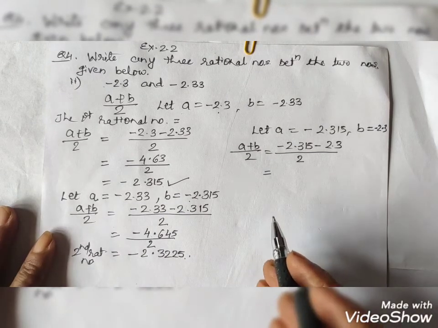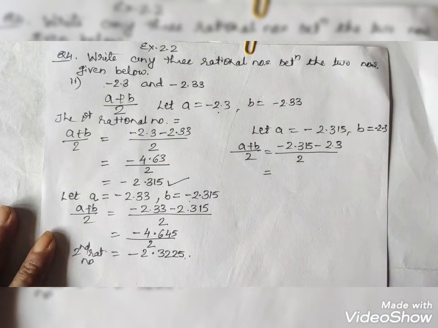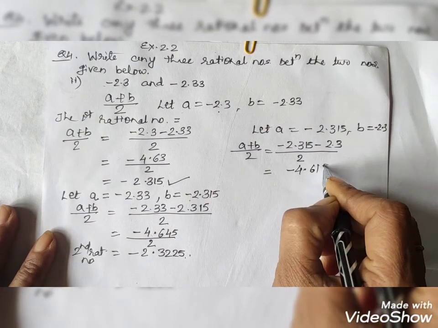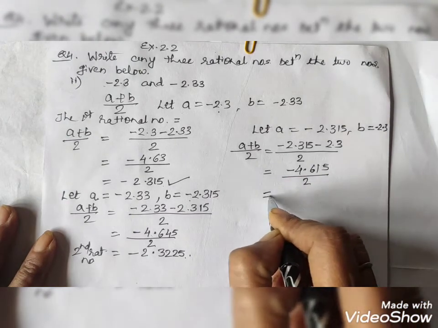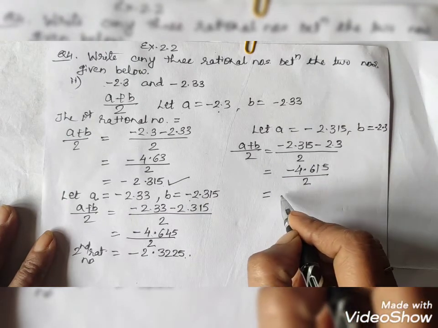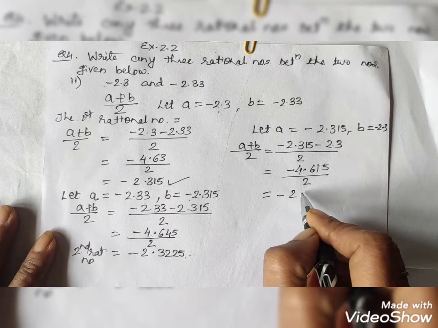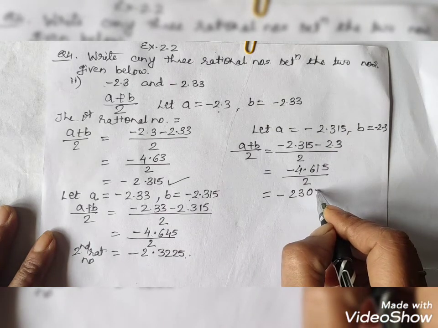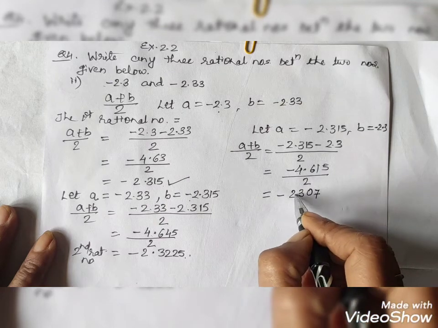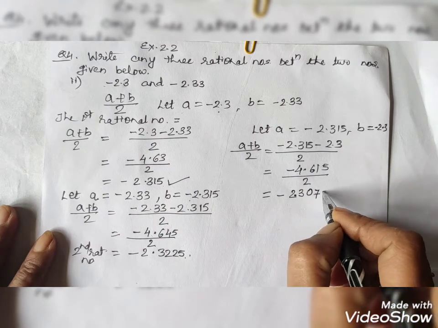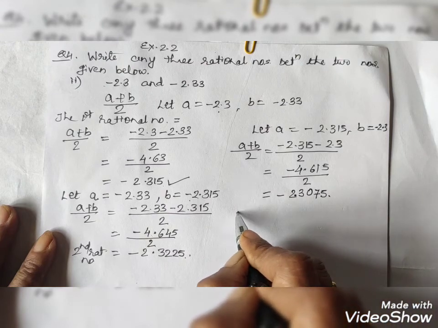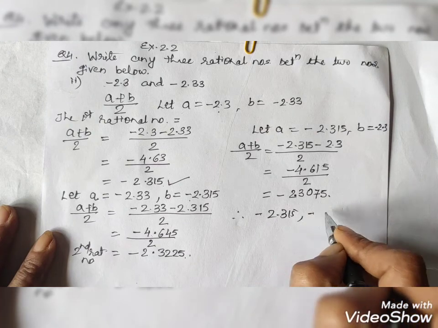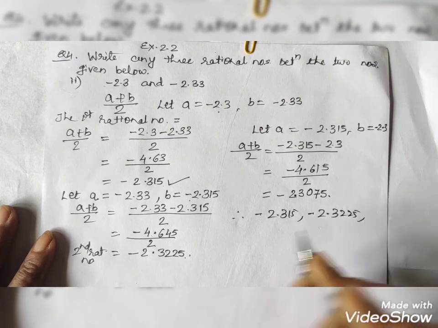See, after adding these two, what you are getting: minus 4.615 divided by 2, and you will divide it. What you will get is minus 2.3075.